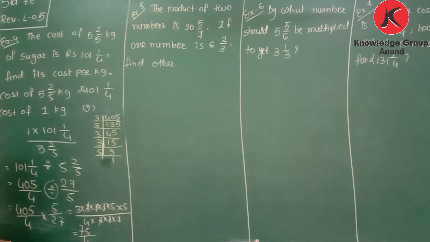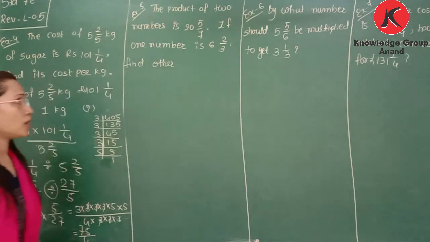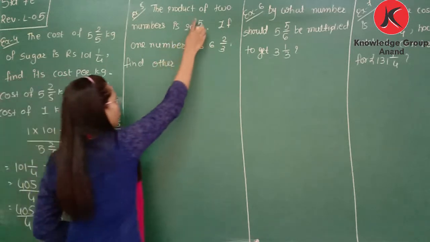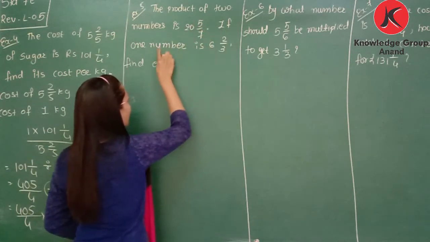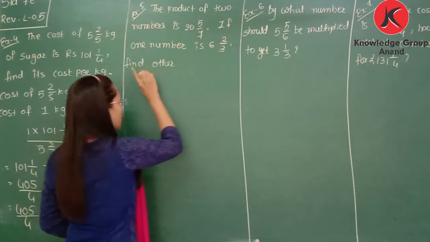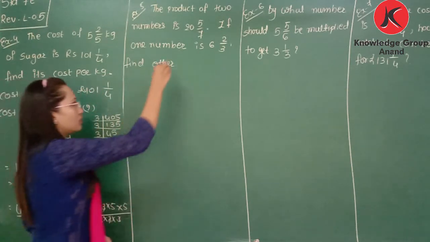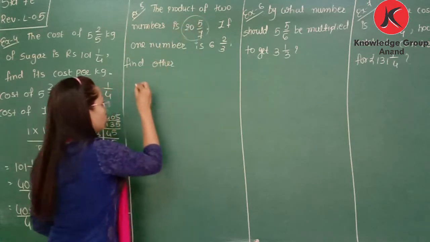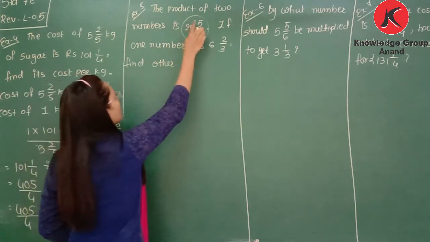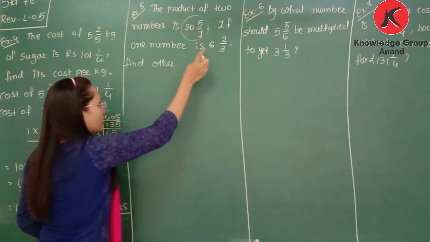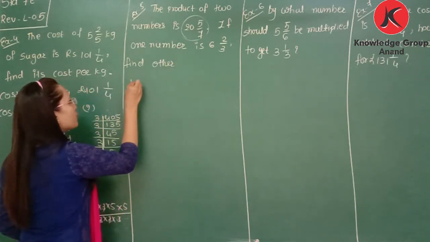Clear? Now next. The product of two numbers is 25 by 7 and if one number is 6 2 by 3, find the other number. The product of two numbers is given, that is 25 by 7, and if one number is 6 2 by 3, let the other number be x.